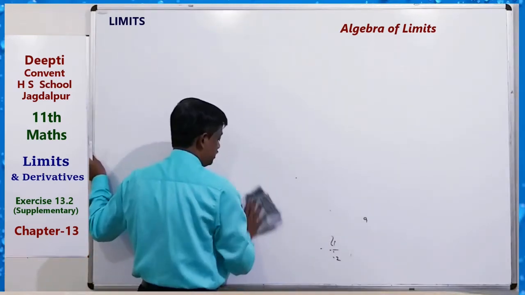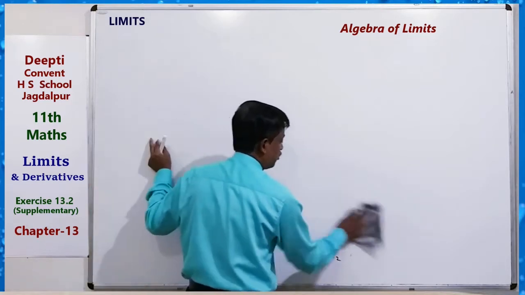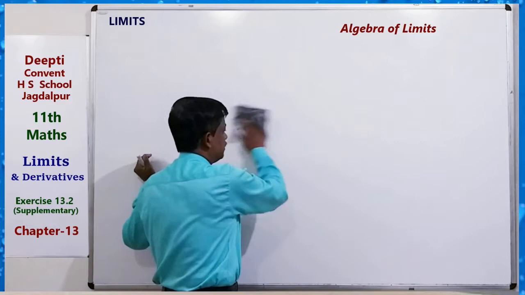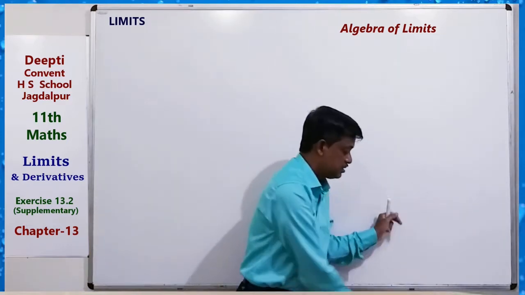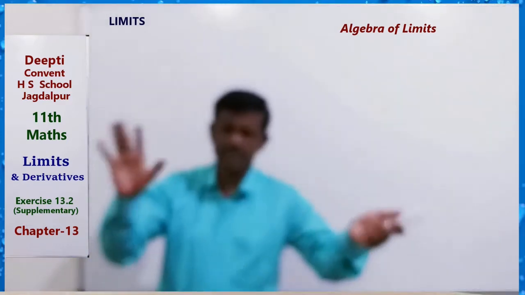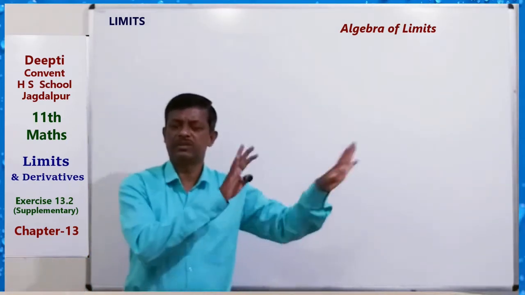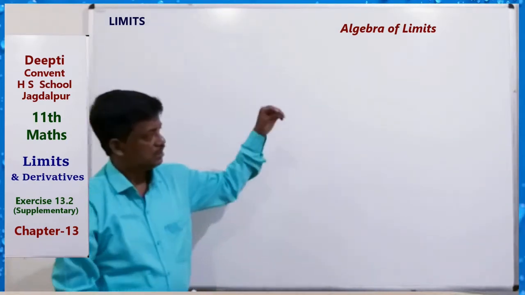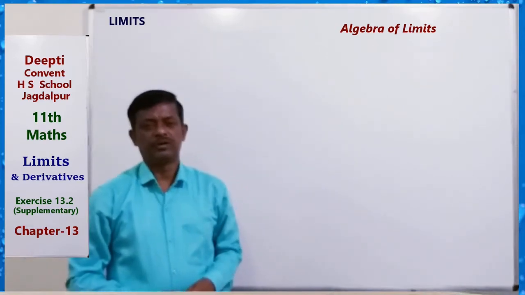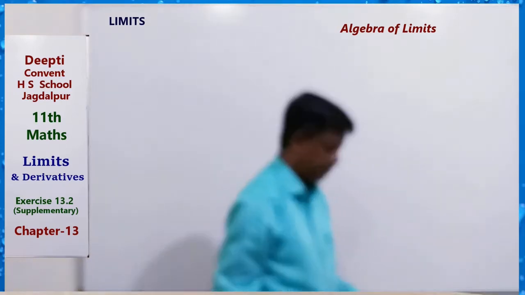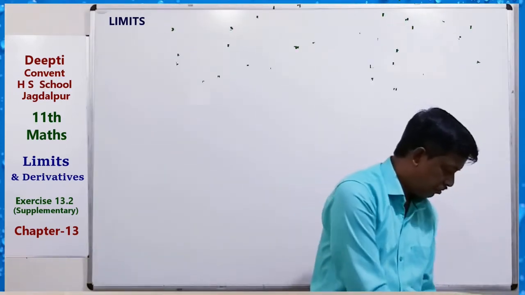So just remember all the trigonometric formulas, like sin C plus sin D, sin C minus sin D, cos C plus cos D, cos C minus cos D, etc. Many formulas are there. All of them can be used for reducing trigonometric functions to a particular form at which we can find the limit by putting the required value of the variable.